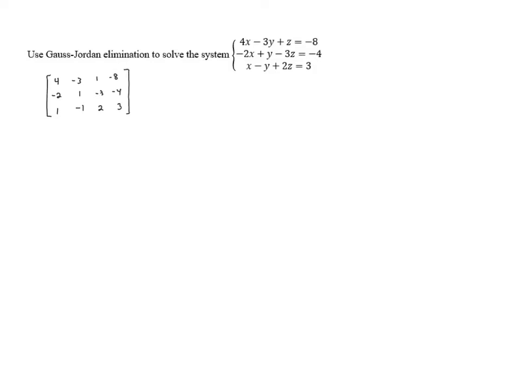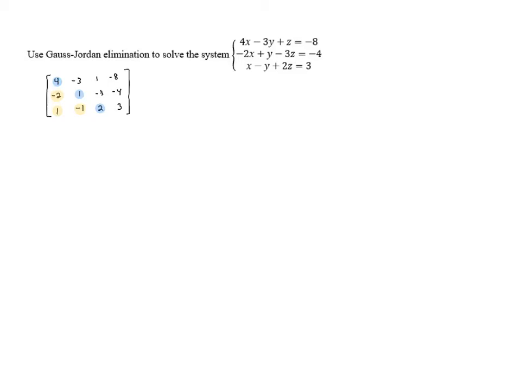Now, we know that we want to get zeros in the lower left-hand corner, but we also want to get ones on the diagonal. One thing that we can do to help ourselves right away is recognizing that we already have a 1 in the beginning of the third row. If we switch this with the first row, that will put a 1 where we want there to be a 1.